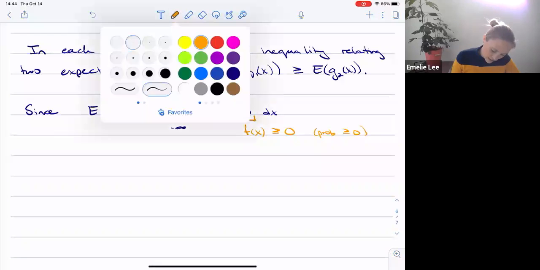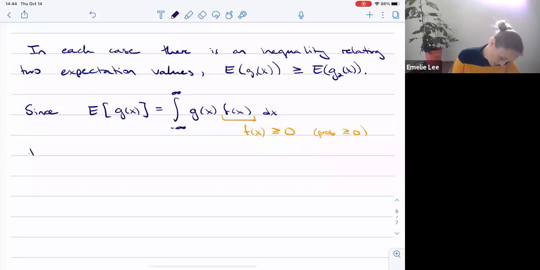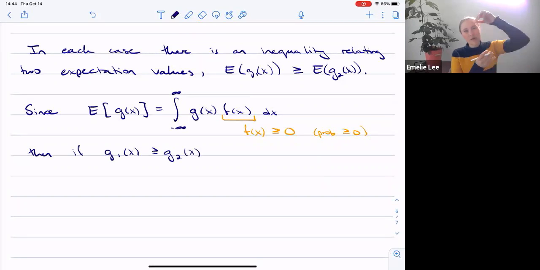So then, if G1 of X is greater than or equal to G2 of X, remember if you have two functions, at one point X you can look at the output of G1 versus G2 and figure out which one is larger in the Y value.